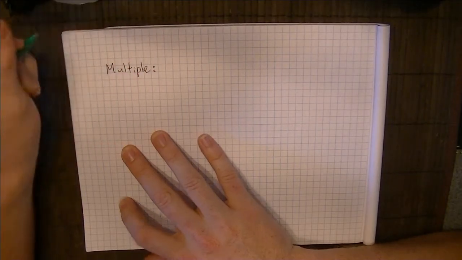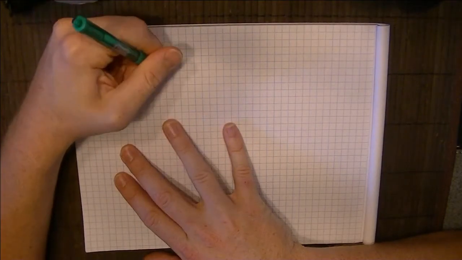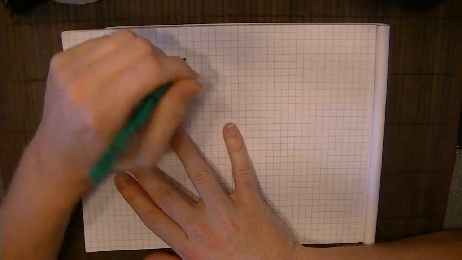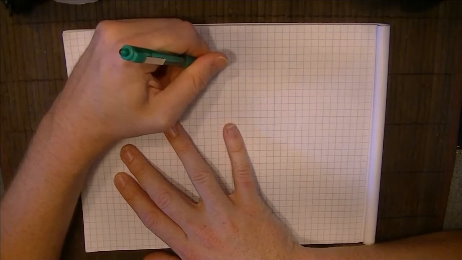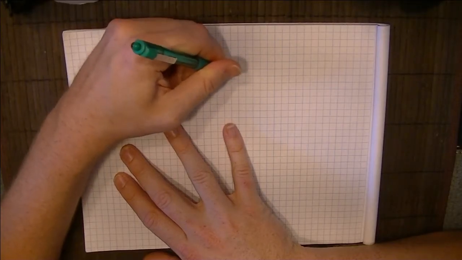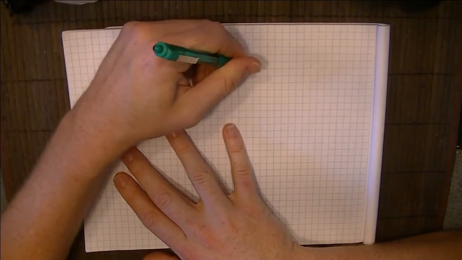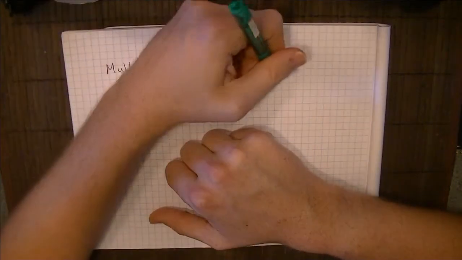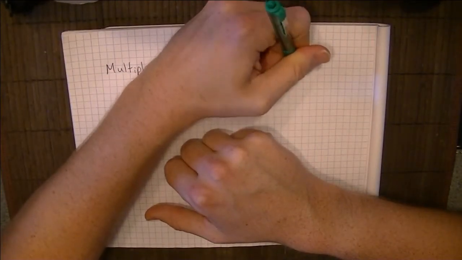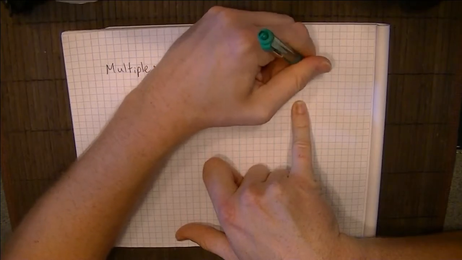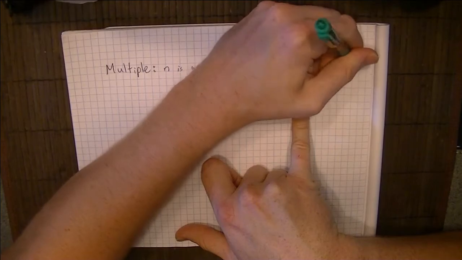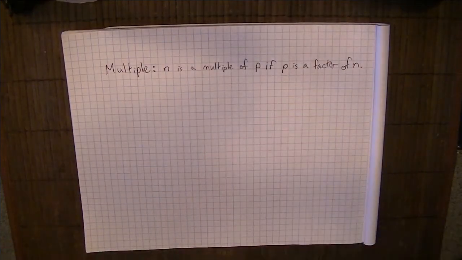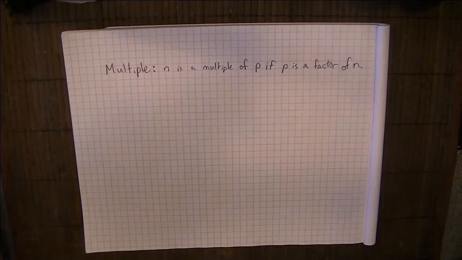So a multiple, let's say, call the number n. n is a multiple of some other number p if p is a factor of n. So if p is a factor of n, then we can just turn it around and say, well, n is a multiple of p.